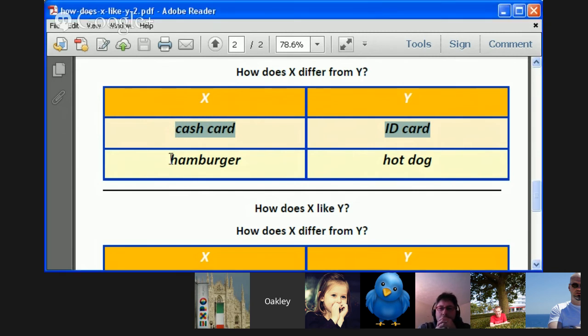Kekau, you get a fun one. Hamburgers and hot dogs. What is the difference, and how are they the same? What do you think, Kekau? Hot dog is made of sausage. And what the heck is sausage? Come on.